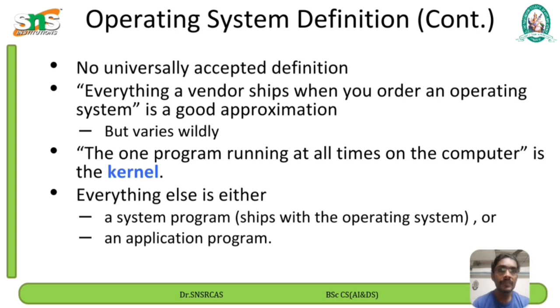Everything a vendor ships when you order an operating system is a good approximation, but it varies widely. The one program running at all times on a computer is called the kernel, which is the core of an operating system. Everything else is either a system program or an application program, and the applications may differ by the type of hardware components connected with that computer.